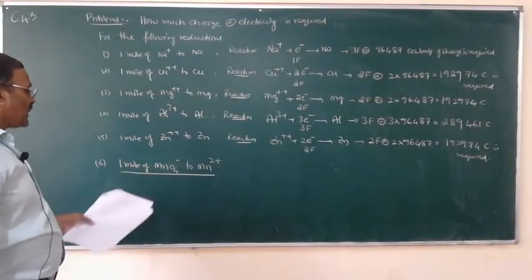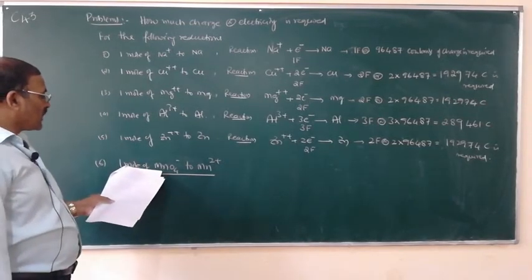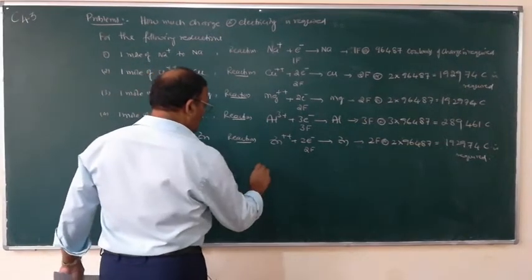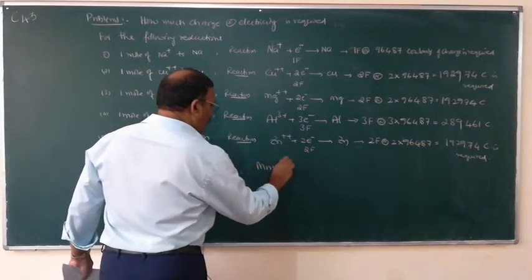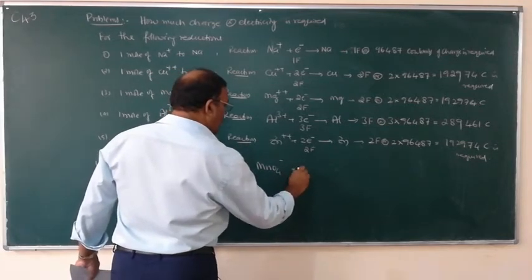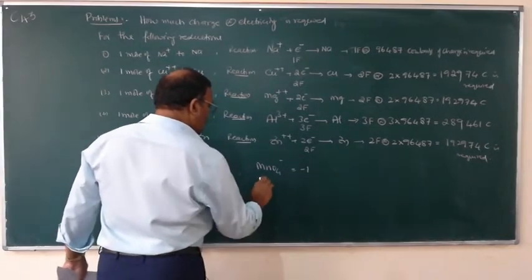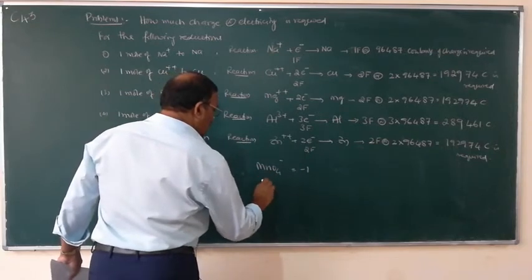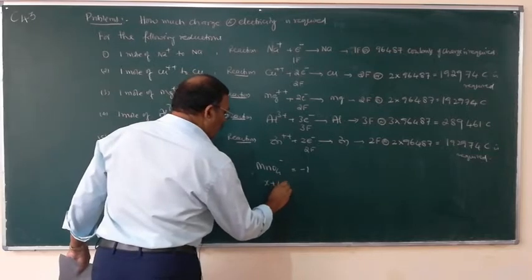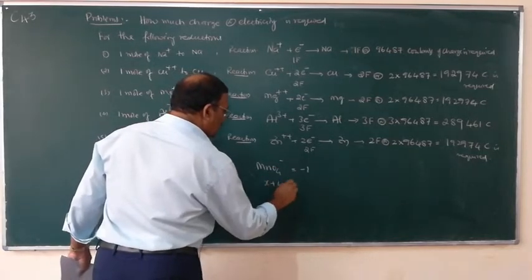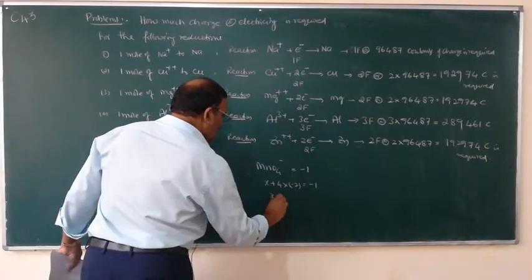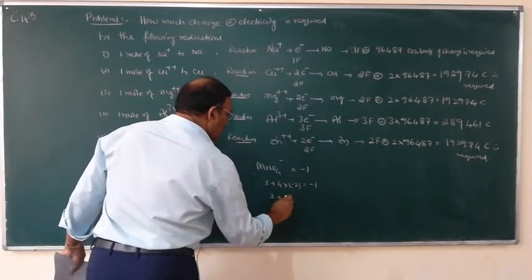What is the oxidation state of Mn in this ion, MnO4 minus? So the oxidation state is equal to -1. So Mn X plus 4 into oxidation state of oxygen is -2, that is equal to -1.